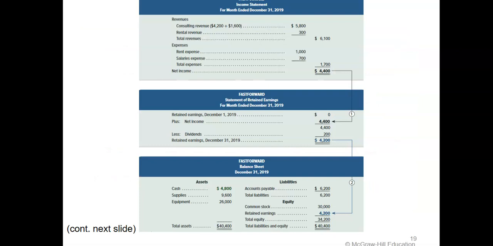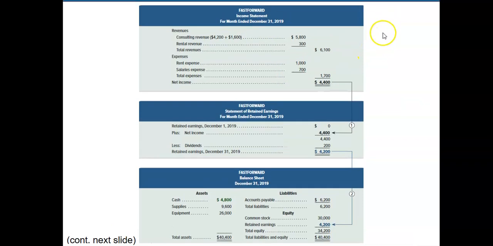The next couple of slides show the financial statements and how they are connected. So we start with the income statement. The income statement has revenues minus our expenses, which gives us our net income. That net income is then part of the statement of retained earnings.